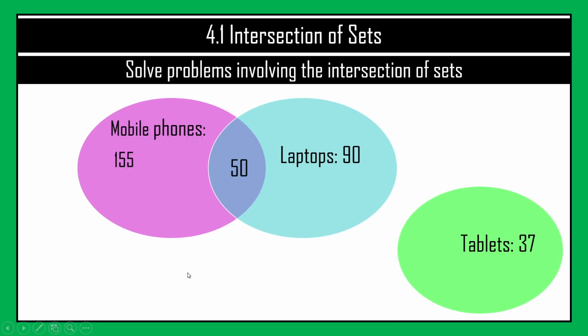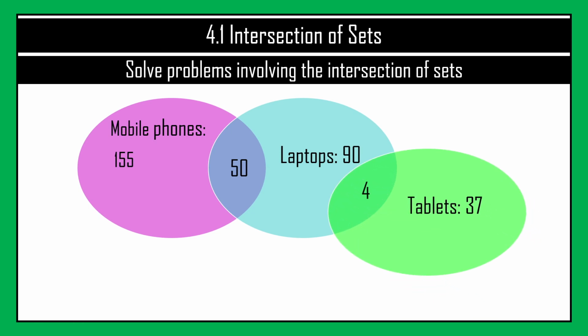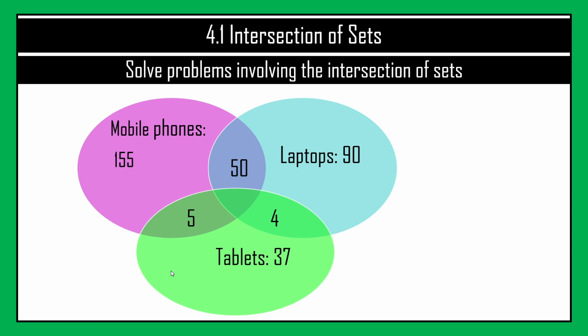For mobile and laptop only, there are 50 of them. And then laptop and tablets only, we have 4 of them. And because we also have mobile and tablets, it is 5 of them.